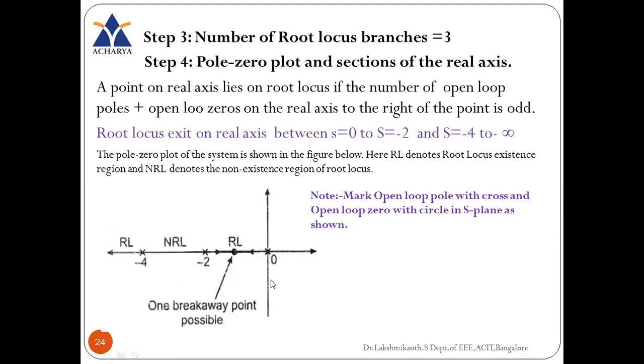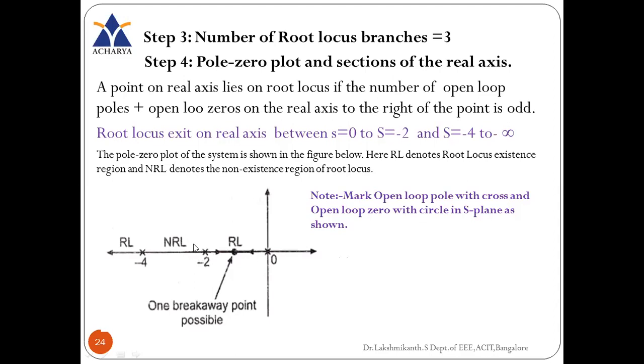Now in order to consider the segments on the real axis, I consider a test point and count how many open loop poles and zeros are there towards the right side. If it is an odd number, then root locus exists. If it is an even number, no root locus exists. Now take a test point here and count how many open loop poles and zeros are there towards the right side. It's an even number.